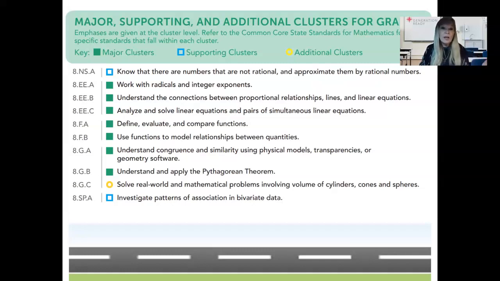So the supporting cluster is to know that there are numbers that are not rational. Okay, so we haven't said irrational before. And how to approximate them and investigate patterns with bivariate data. Usually there's one little stat question or a couple of stat questions on the Regents. So we would look at previous tests to say, okay, what do I need to pull out of the stat?